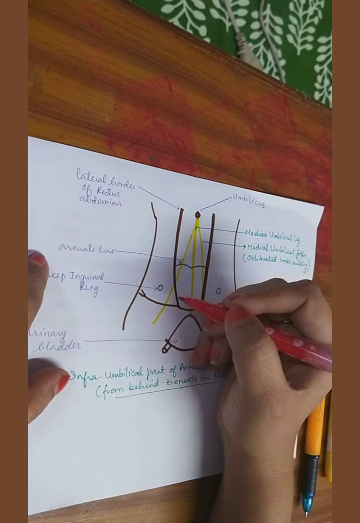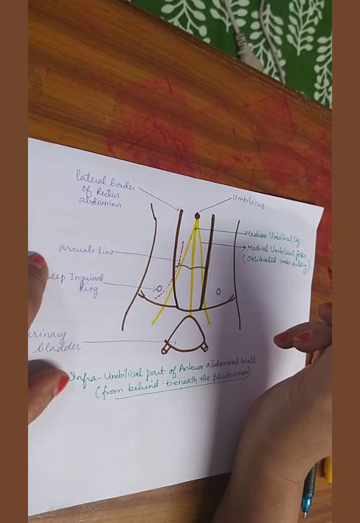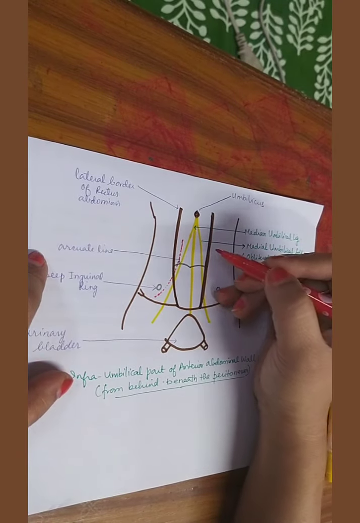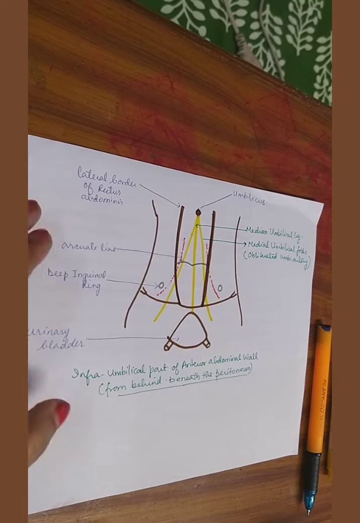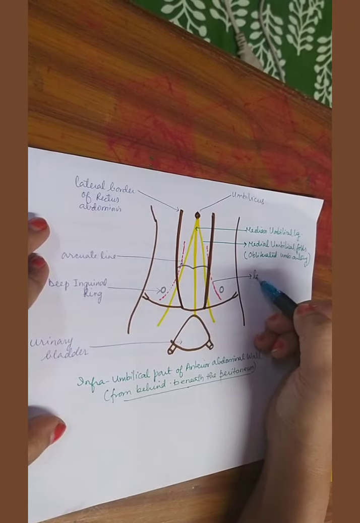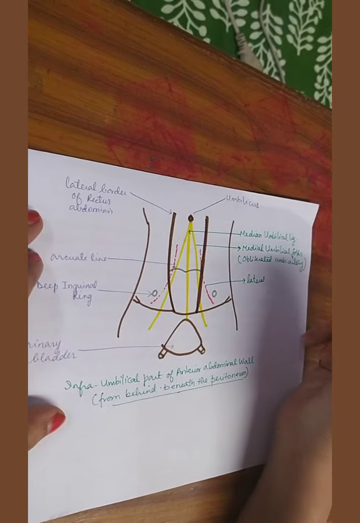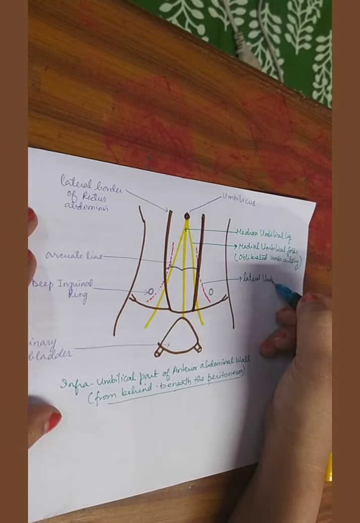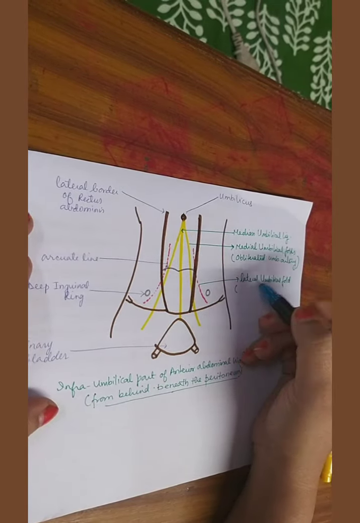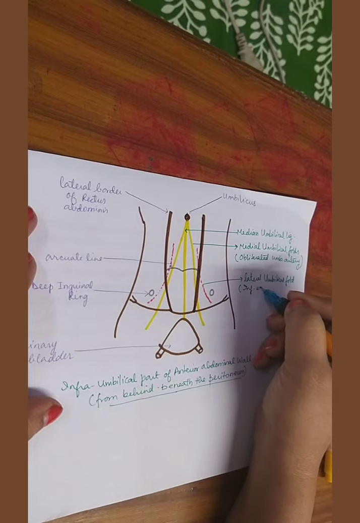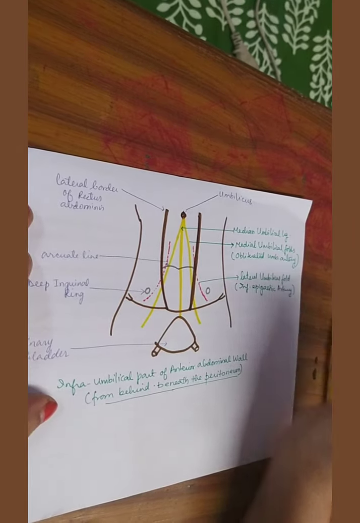So these are the lateral umbilical folds on either side containing the pair of inferior epigastric arteries.